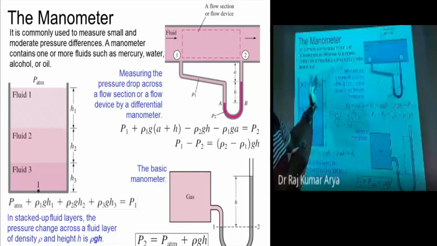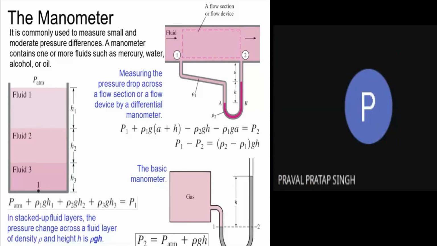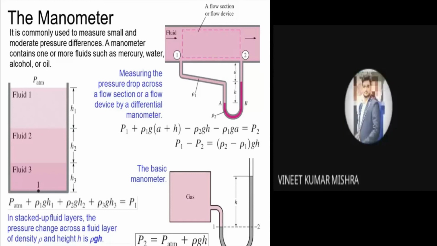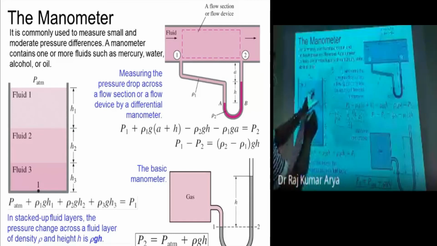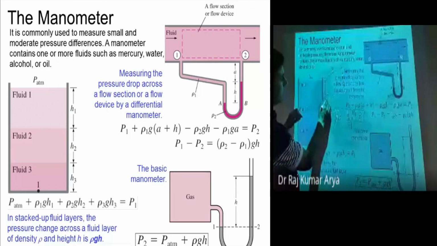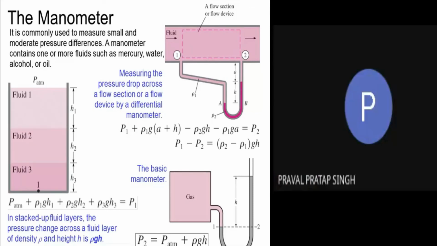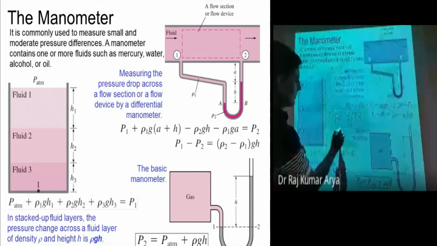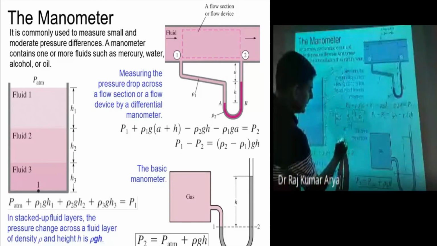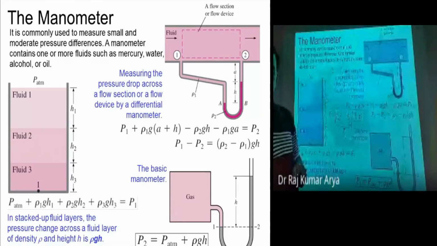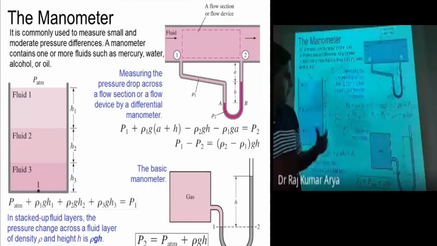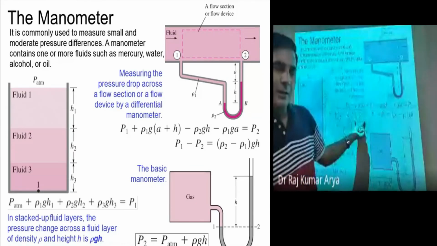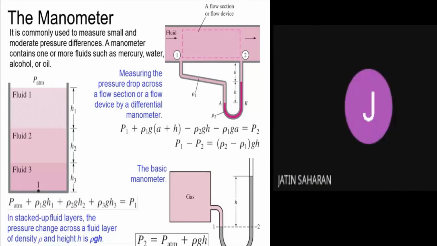The centroid of a rectangle is the center of gravity, in the middle, h1 by 2. So this term is called the pressure at the centroid, multiplied by the area.